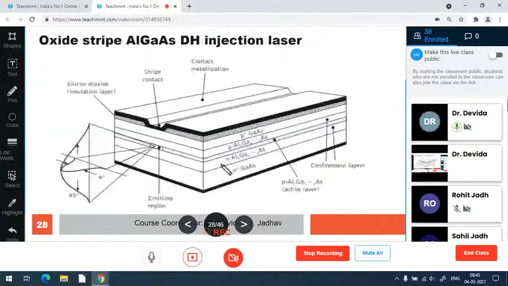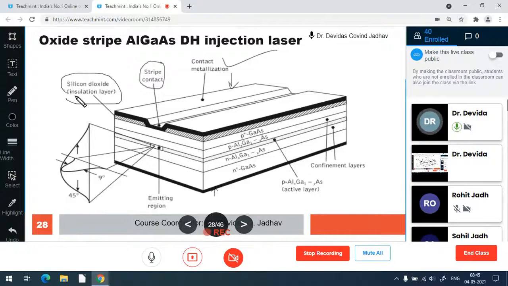This is made short by the strip geometry, strip contact. Okay. So there is a contact metallization. Metallization is on both sides, and after this metallization, a silicon dioxide insulating layer is placed, and that layer does not allow the current to pass through all the area, and only a small strip allows the current.